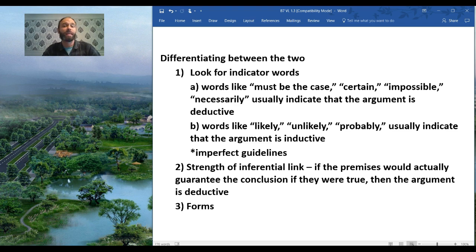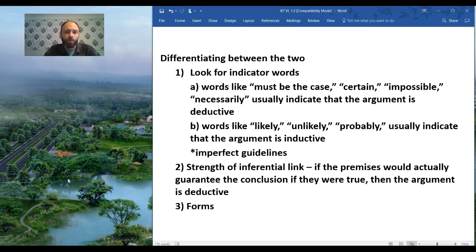The indicator words for deductive arguments would be words that indicate that this argument is dealing with certainty, right? So words like "it must be the case that," or "it is certain that," or "it's impossible for the following to be true or false," or "this follows necessarily" or "of necessity."